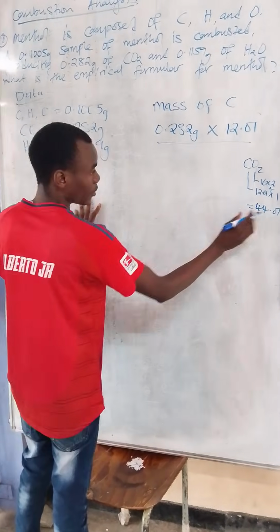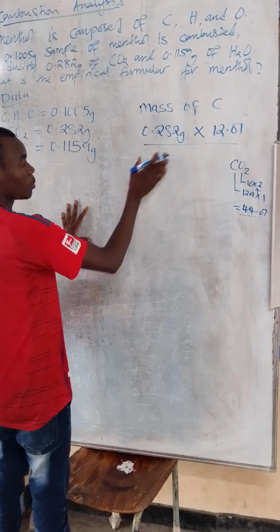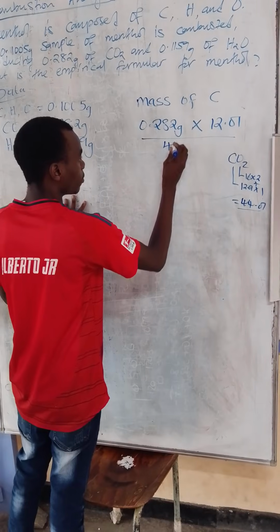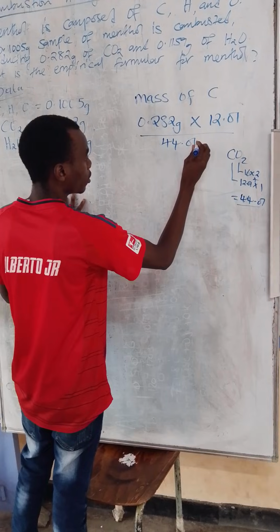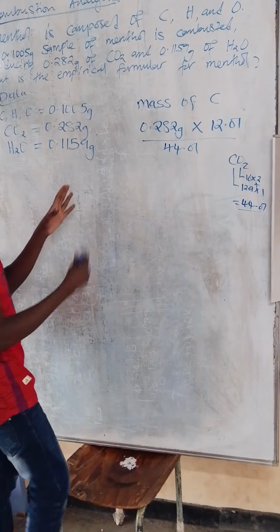So that's the value I'm going to put here, 0.282 by 44.01.